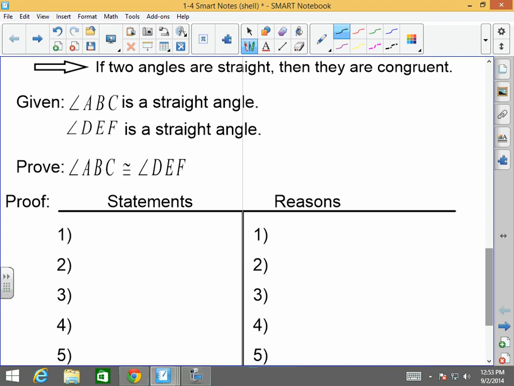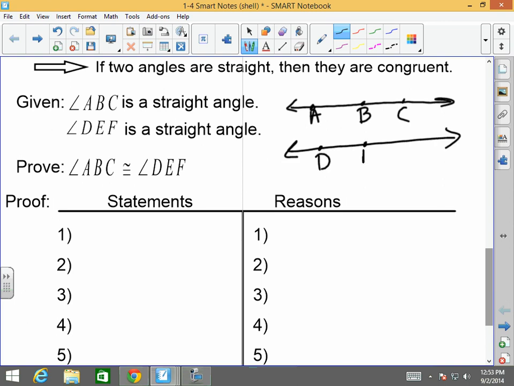So make one. Angle ABC is a straight angle. Awesome. A, B, C. It's a straight angle. DEF is a straight angle. I want to prove, bless you, son, that angle ABC is congruent to angle DEF.